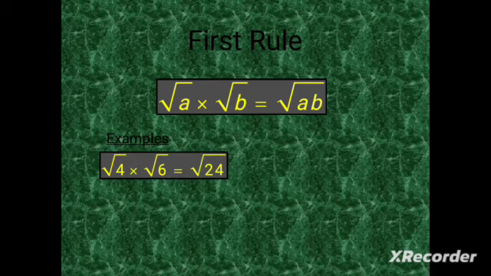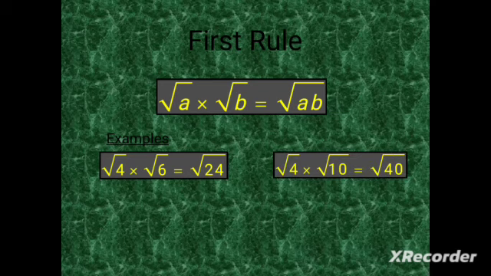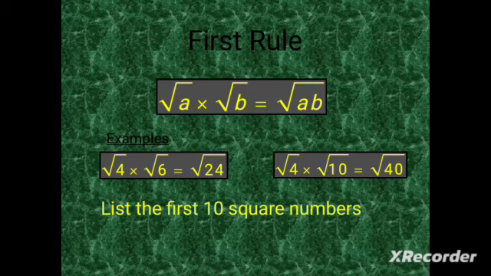When we have square root of 4 times square root of 6, we will get square root of 24. Another example, square root of 4 times square root of 10, we get square root of 40.